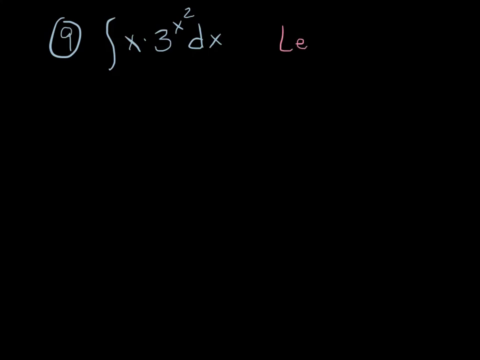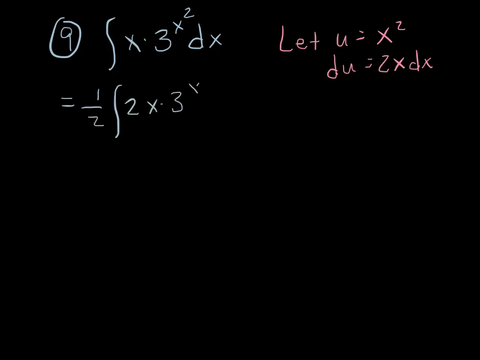So now we'll need our u sub. We'll let u equal x squared. Du is 2x dx. We need a 2, and we'll cancel that out with a 1/2. So we have 1/2 times the integral of 3 to the u du.